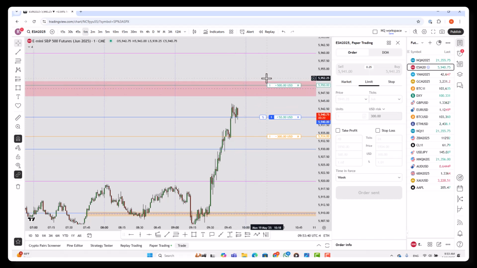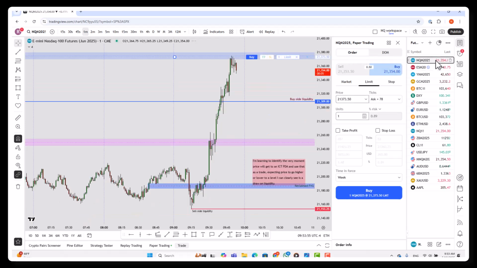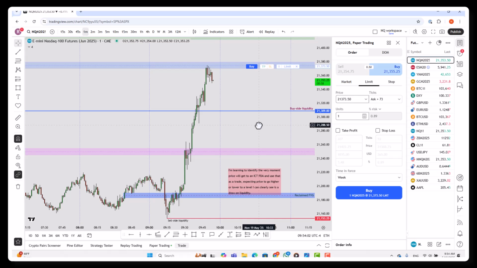If we don't, and price gets down here, I'll put my stop loss in the right place. So now I'll go back to Nasdaq. No trading.